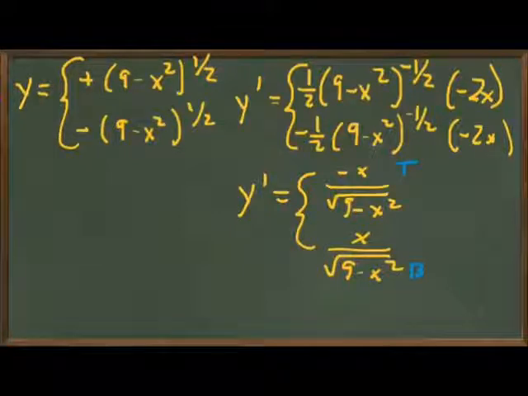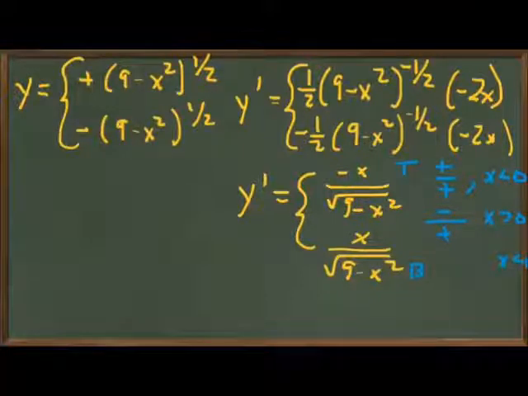When x is negative, the numerator is positive and the denominator is always positive. When x is positive, the numerator is negative and the denominator is positive. And we do the same thing down here. X negative, we get a negative over a positive, and when x is positive, we get a positive over a positive.